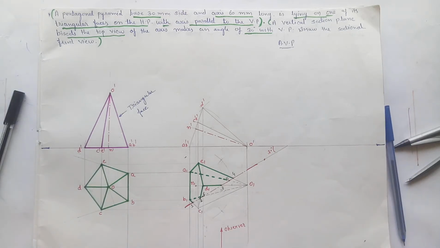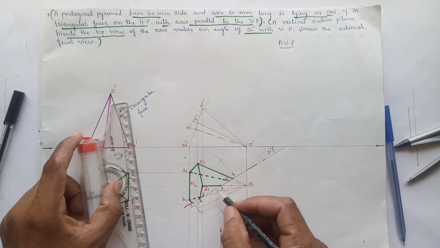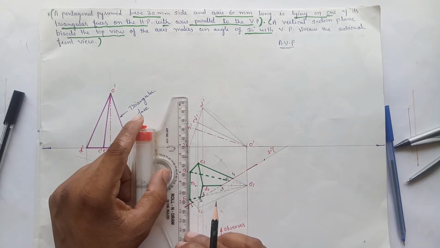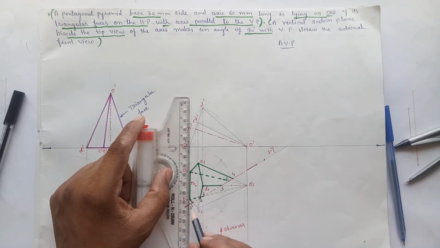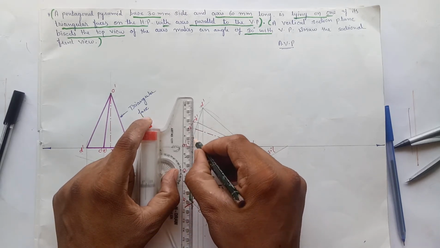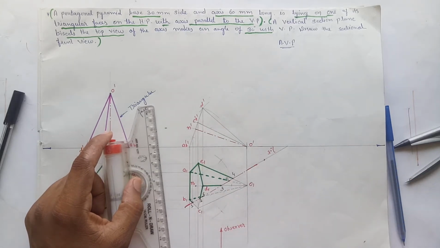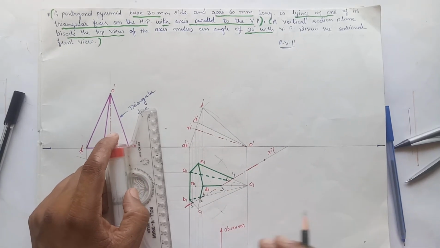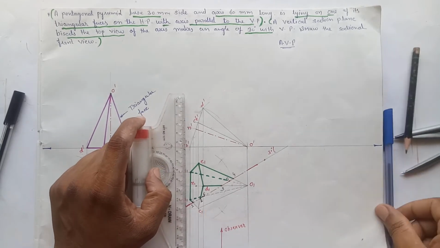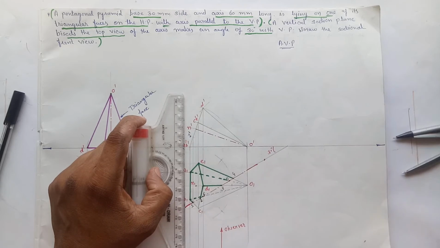Now to show the section, let us project 1, 2, 3, 4, 5, 6 in the elevation. So 1 is on the base BC. Project up to the base BC, so this is the first point, 1 dash.